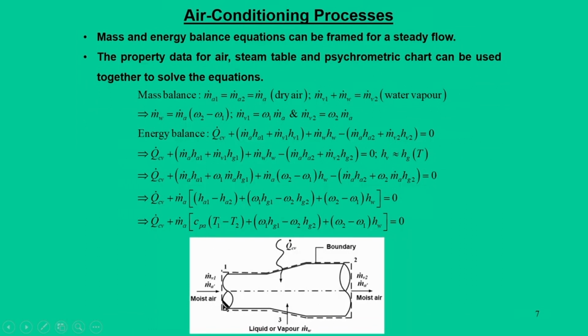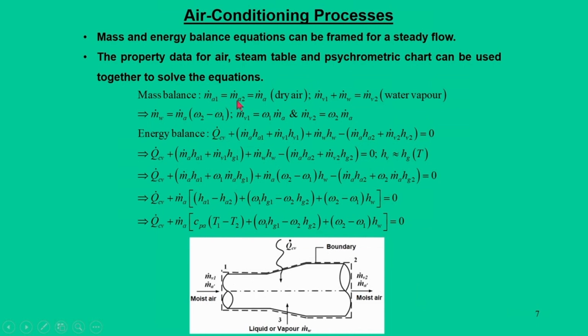So, for a very general domain, one can use these mass and energy balance equations in steady flow situations. First thing we talk about is the mass balance. Typically, when you talk about moist air and you deal with the air part, the air part does not change.